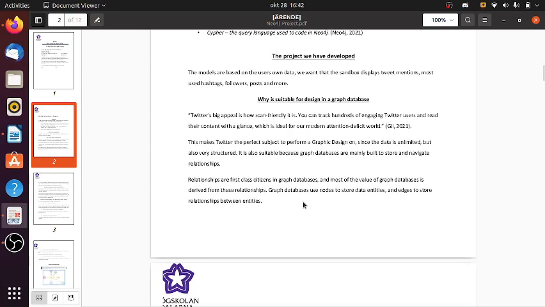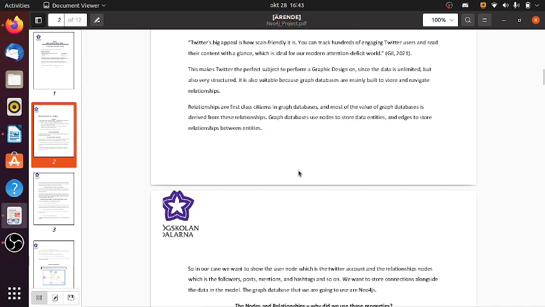Why is this specific project suitable for a graph database design? Because Twitter is one of those places where you have the most packed information stored in databases, so it's a perfect platform to use to draw a graph database, since the data is unlimited, but also very structured at the same time.